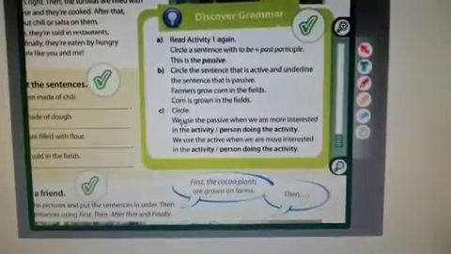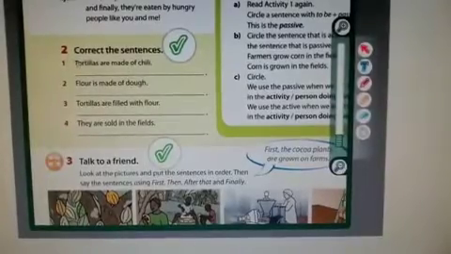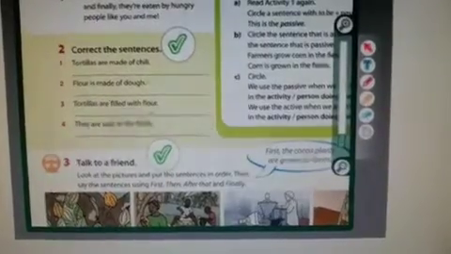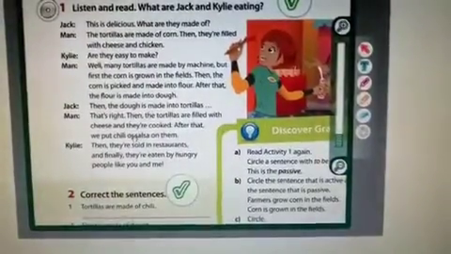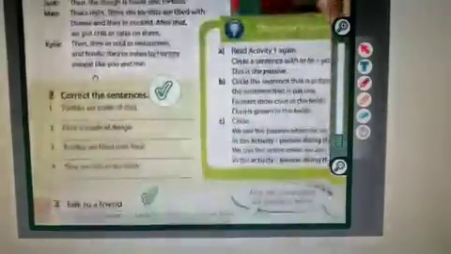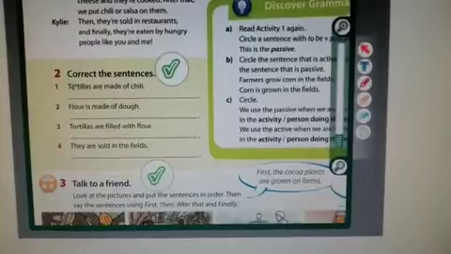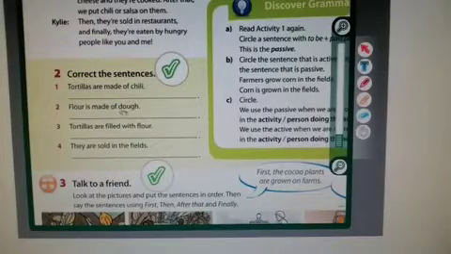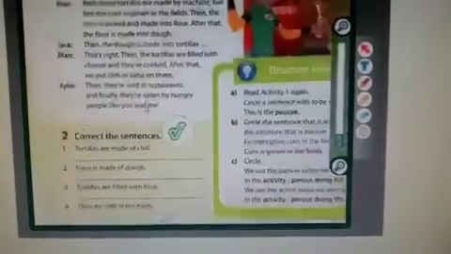Thank you. Now look at exercise 2. I want you to reread the dialogue or listen to the dialogue as you need. Now correct the sentences. Here we have 4 sentences. There are some mistakes in these sentences. I want you to correct these sentences by using the dialogue.